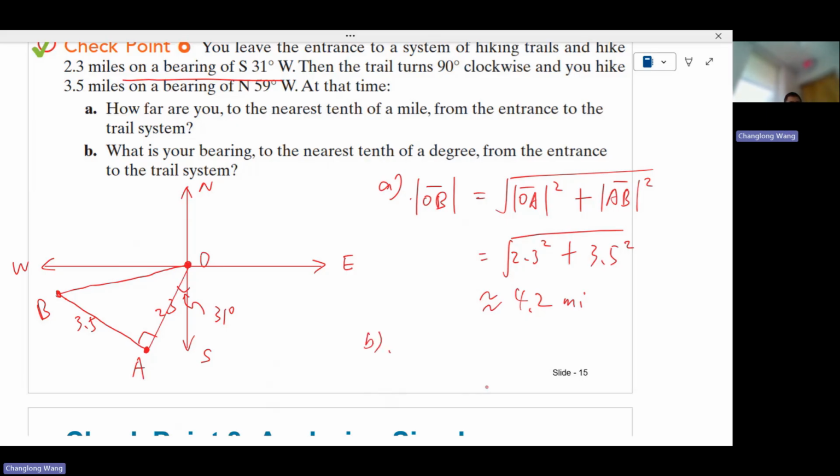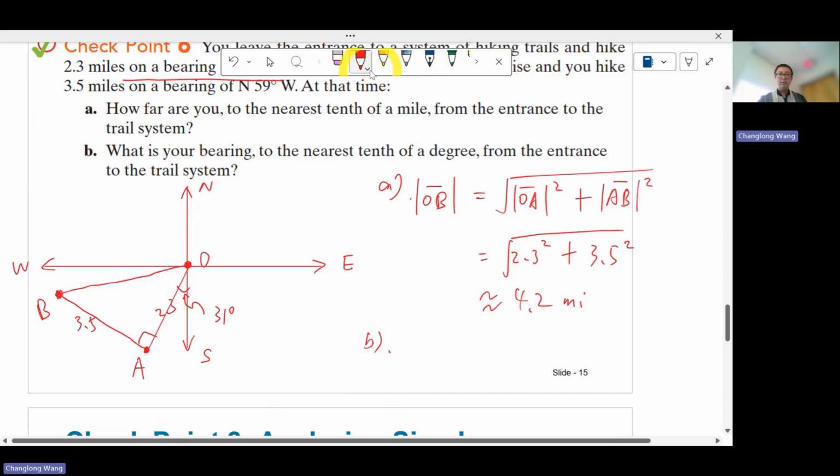Now letter B, the bearing. The bearing of this guy's location after two little trips, relative to the entrance. So basically, how would you specify the direction OB? You have to refer to either the north or south direction. Obviously, this guy is a bit closer to the south than the north, so you want the angle away from the south, and we label it with a different color.